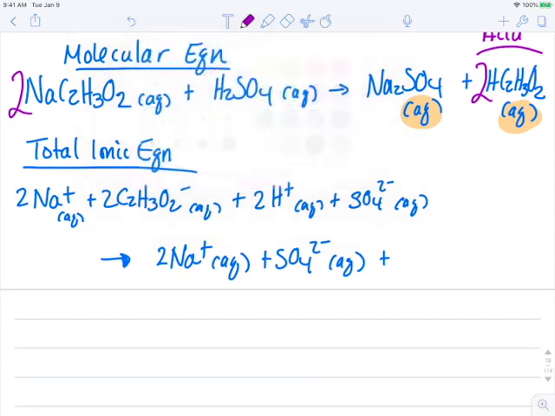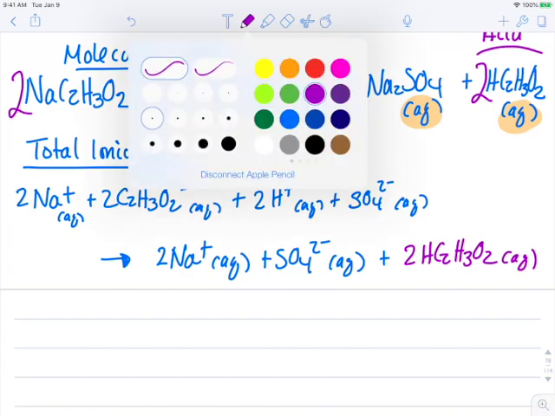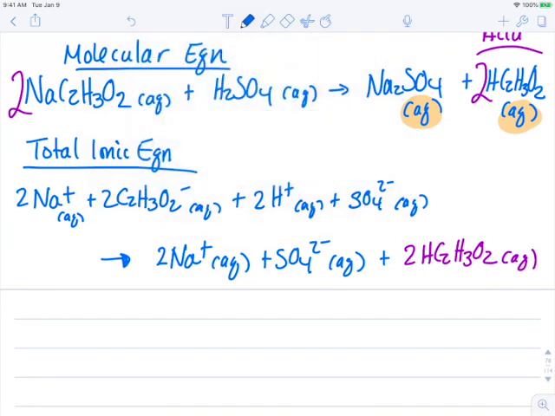So I'm going to go ahead and write this one in purple. 2 acetic acids, like so. It is aqueous, that's true, and it does break up a little bit, but not very much. So because it is a weak acid, we need to leave it together. We only break up strong electrolytes, and that is a weak electrolyte. So I know that was a source of confusion for a lot of you. Any questions on how I wrote that out or why we're keeping the acetic acid together?